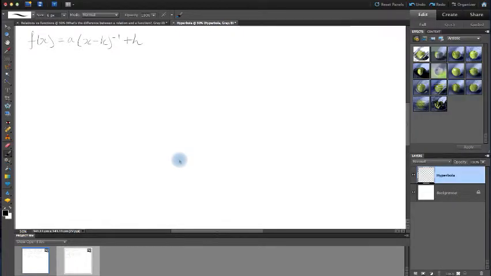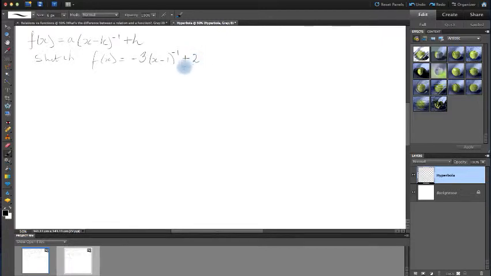Okay, so let's combine all of those things now and see what we get. Let's give ourselves a question of sketch. Let's make it hard. Why not? Sketch f of x equals -3(x minus 1) to the power of -1 plus 2.